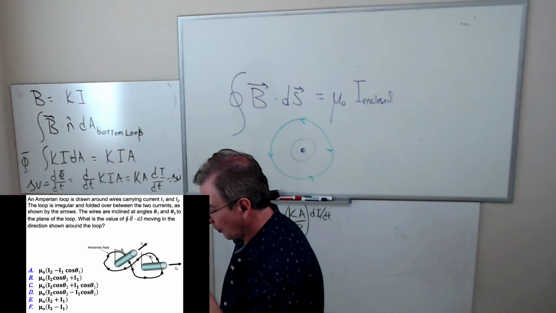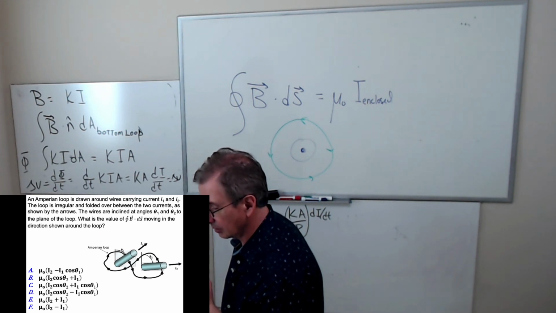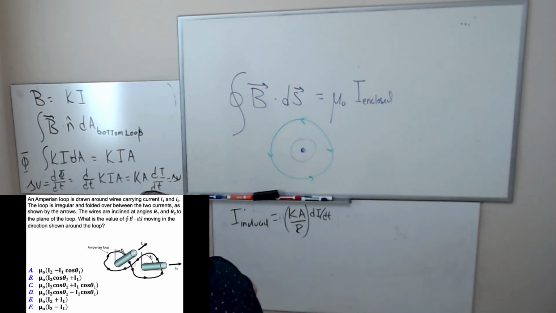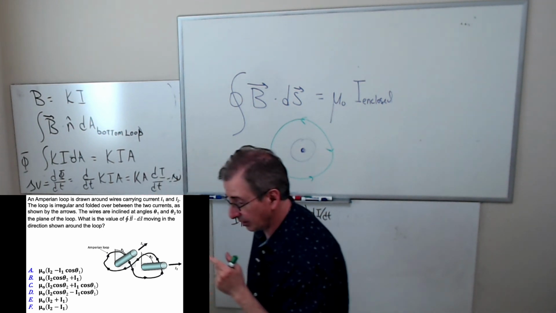Yeah, so for I2, isn't the direction of the field and the direction of the integration in the same direction? For I1, isn't the direction of the field and the direction of the integration in the opposite direction? So that introduces a minus sign when you take the dot product.